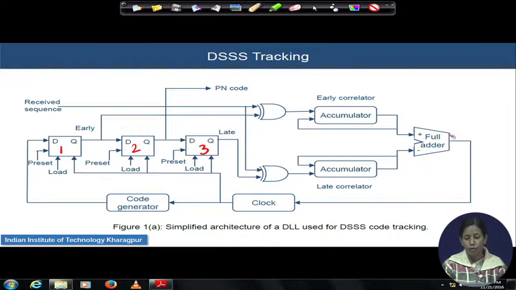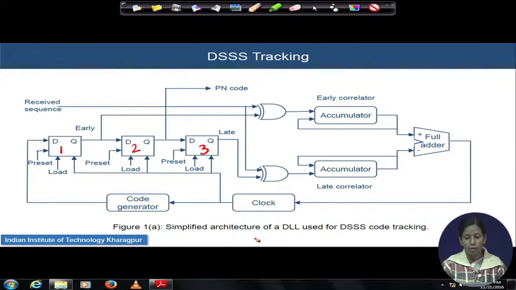After that, the early gate and late gate correlated outputs are fed to the full adder circuit, where the values of both of them are compared as well as added. Whatever difference the adder creates, the equivalent value of the early gate output and the late gate output, based on that the adder output is fed to the clock circuit, and it is decided whether the clock needs to be delayed or needs to start early.